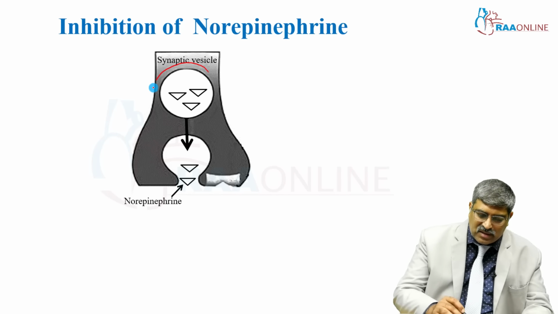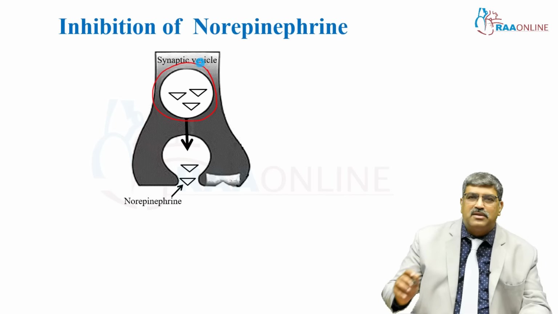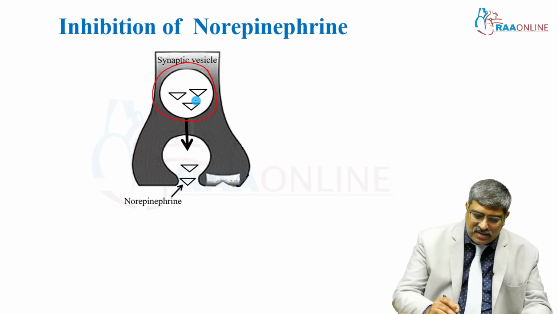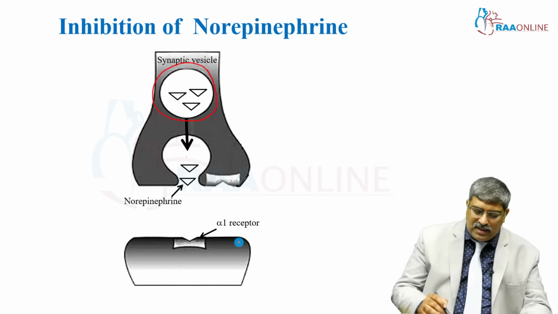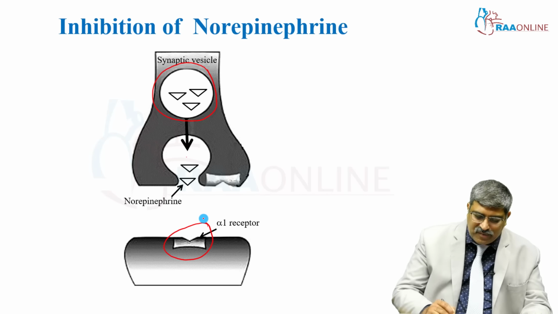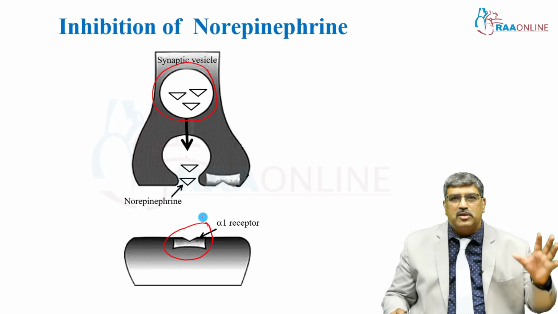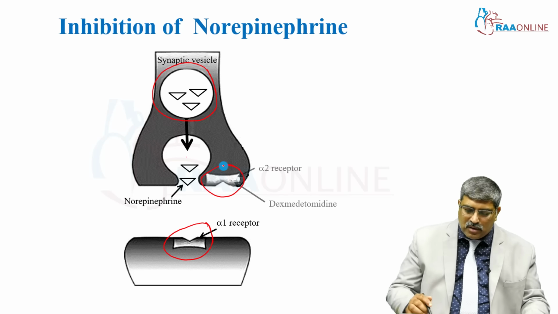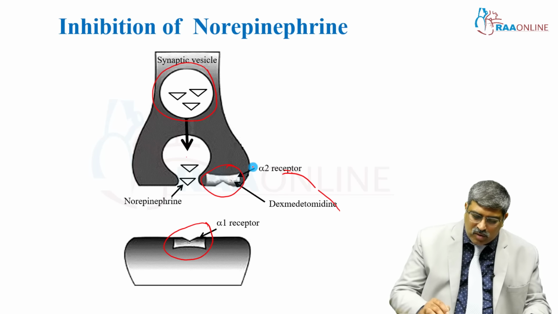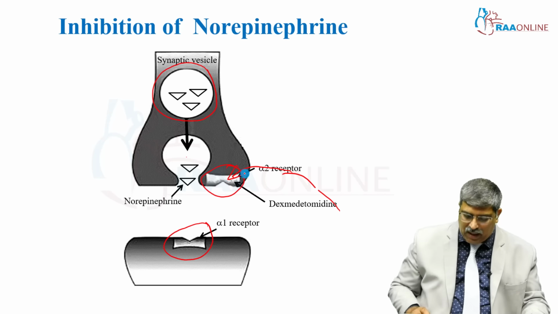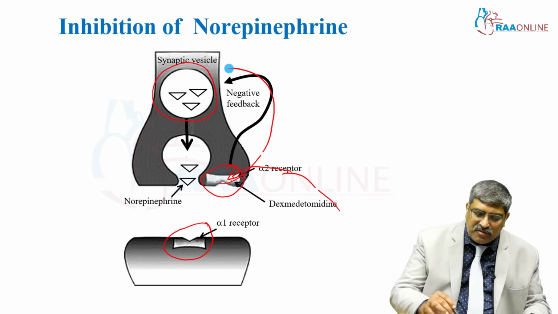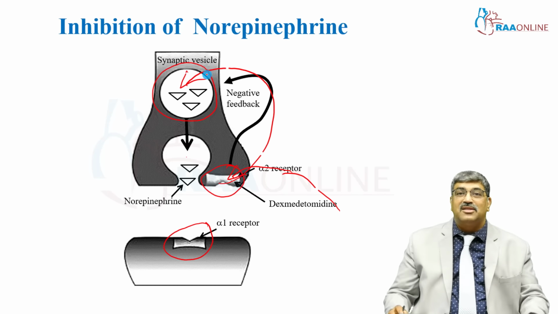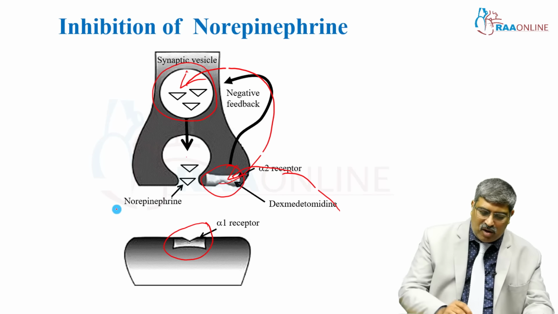Normally, at the neuromuscular junction, you have the synaptic vesicle which releases norepinephrine, and this norepinephrine combines with the alpha-1 receptor and causes vasoconstriction. This is the alpha-2 receptor. Dexmedetomidine goes and combines with the alpha-2 receptor and sends a negative feedback to the synaptic vesicles not to release the norepinephrine.